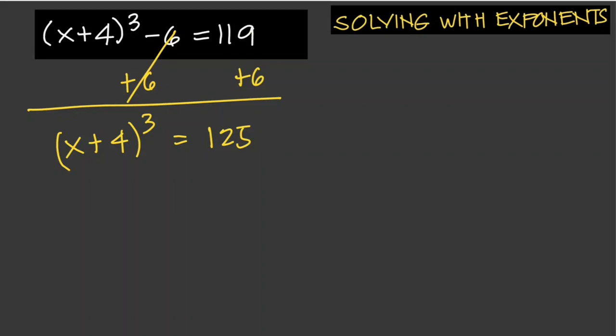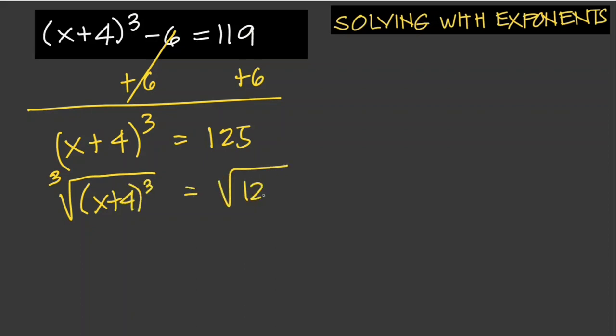Our exponent here is 3, and 3 is odd, so we can use the odd root property. Therefore, we only have one solution for this problem. So we simplify the roots, getting the cube root of x plus 4 cubed equals the cube root of 125.